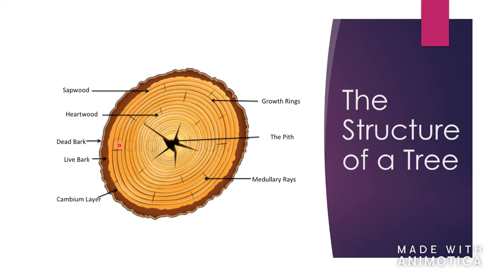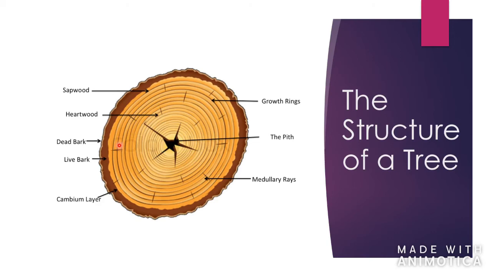So you have your growth rings, your pith, medullary rays, the cambium layer, the live bark, the dead bark, the hardwood, and the sapwood. And the hardwood is much denser than the sapwood.